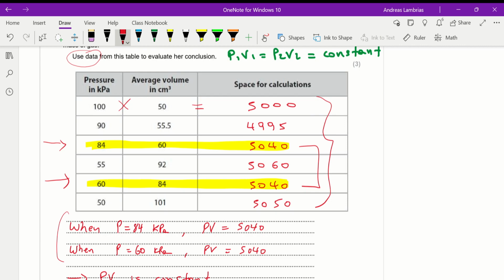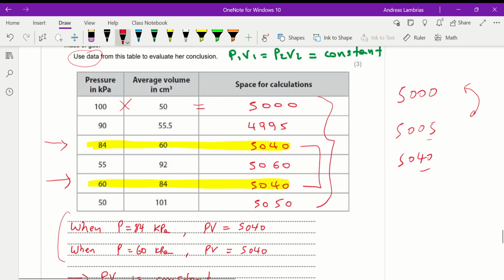Now, you can see here the differences between each calculation is tiny compared to the magnitude. So if we had 5,000 as one calculation and then 27,000 in another one, yes, these two are way different to each other. But if you have 5,000 and then 5,005 or 5,010 or 5,040 or whatever, the changes between these are tiny.